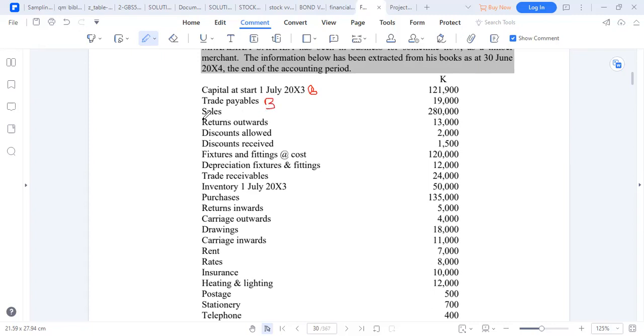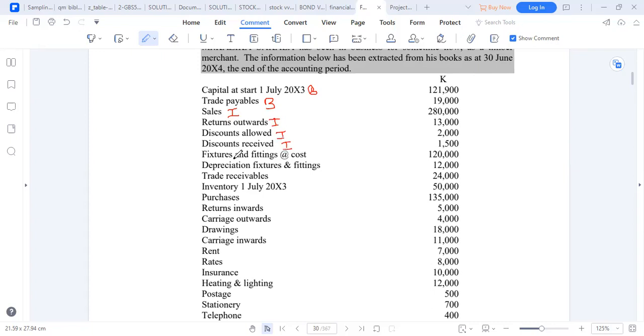The sales, the income statement under the trading account. Returns outwards, these are purchase returns, income statement. Discount allowed, income statement. Discount received, income statement.